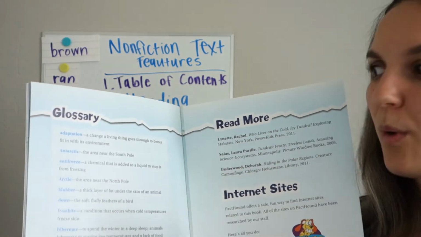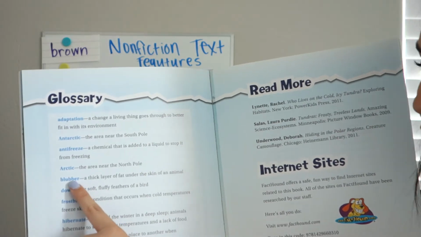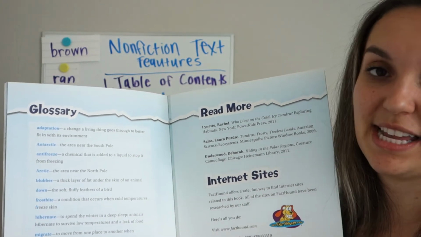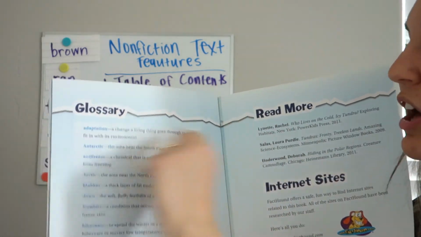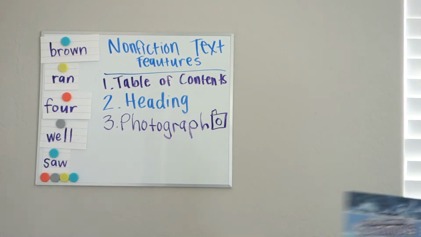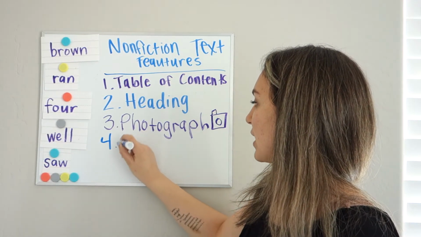Or another definition, another meaning that maybe we didn't know, blubber. Oh yeah, blubber is that thick layer of fat under the skin of an animal. So glossary is another text feature that we need to write on our paper. So write number 4 and then write glossary.